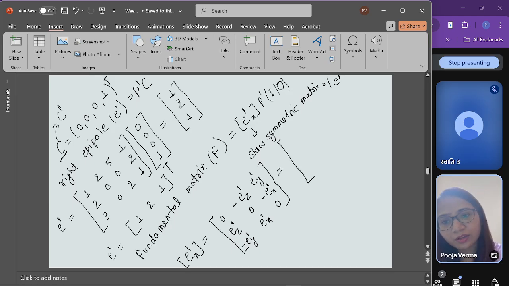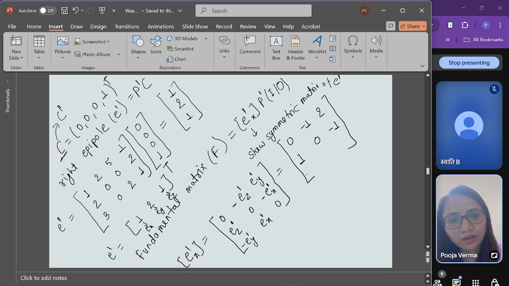Here E has components Ex, Ey, Ez. Just put these values. So 0, Ez is 1, so minus 1 will be here, and Ey is 2. Then Ez is 1, 0, Ex is 1, so minus 1 here; here minus 2, 1, 0, right?